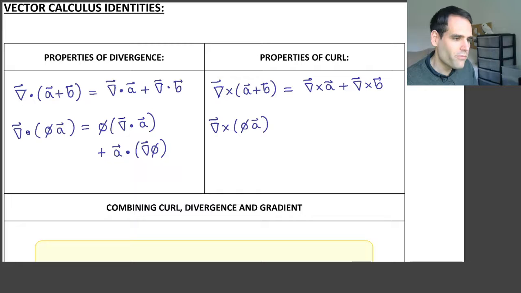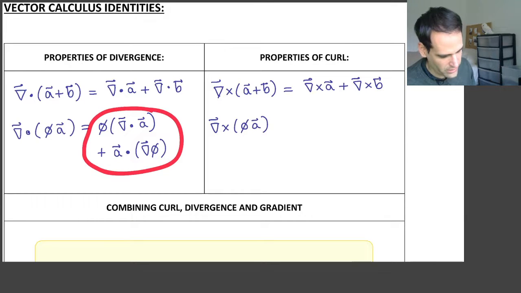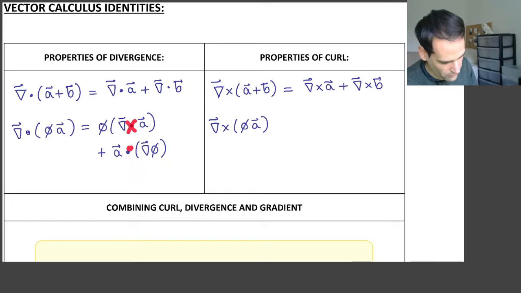Now you might be tempted to follow an identical structure to this, but changing the dot with a cross, and you would be almost correct. Let me write it.